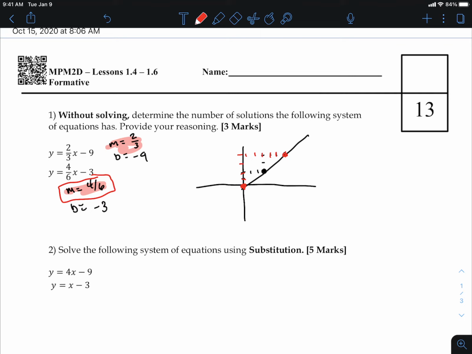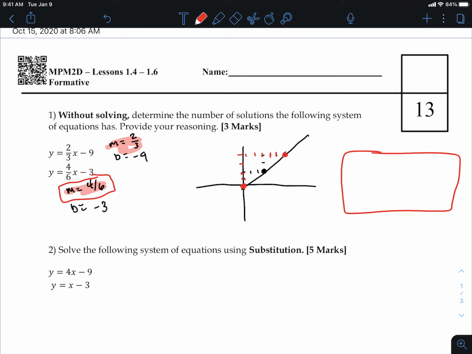I saw somebody write on one of their quizzes a little box with all the rules. That was good. They had summarized that if the slopes are the same and the y-intercepts are different, then the lines are parallel. So the issue with this question is the slopes are the same, but their starting points are different.